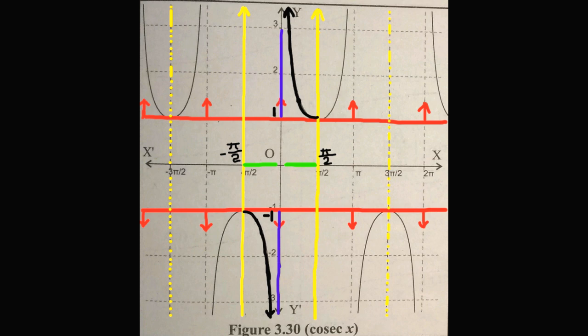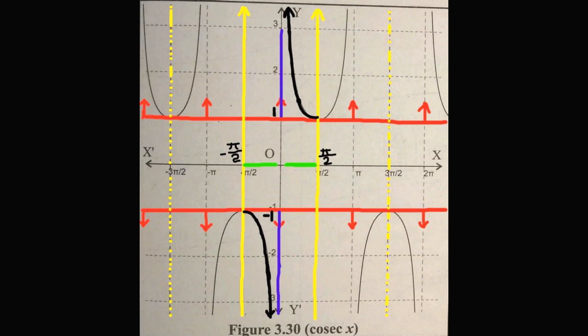The next property is that the graph of cosecant function is not bounded. Therefore, the cosecant function is not bounded because, as shown by red arrows, the graph is above the line y equal to 1 and below the line y equal to -1.